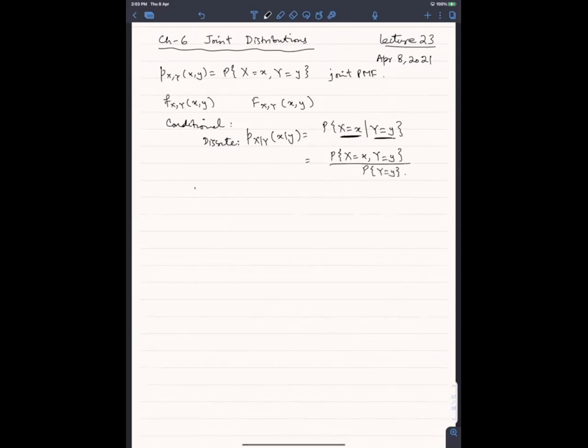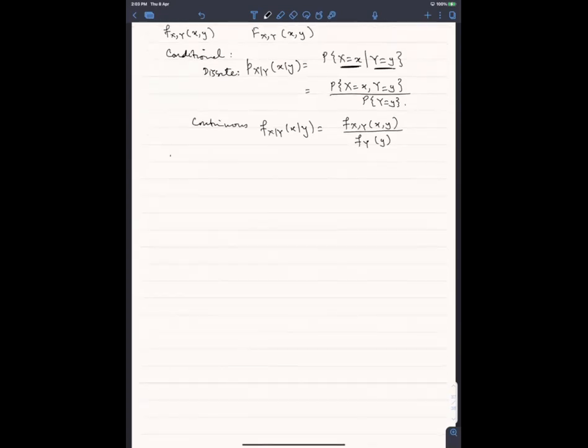And for the continuous case, we had the conditional distribution of x given y as, by the same token, the joint distribution of x and y divided by the marginal distribution of y. And how did we find the marginals?